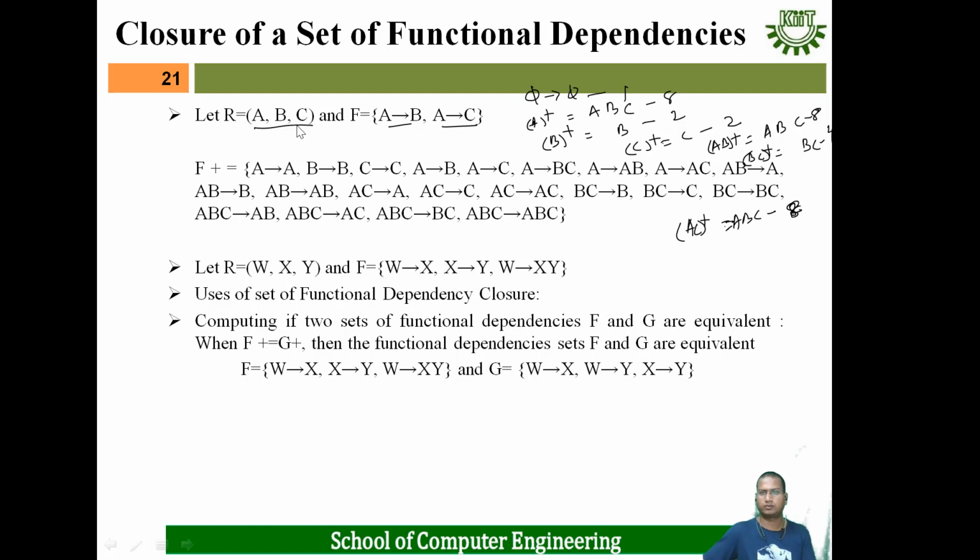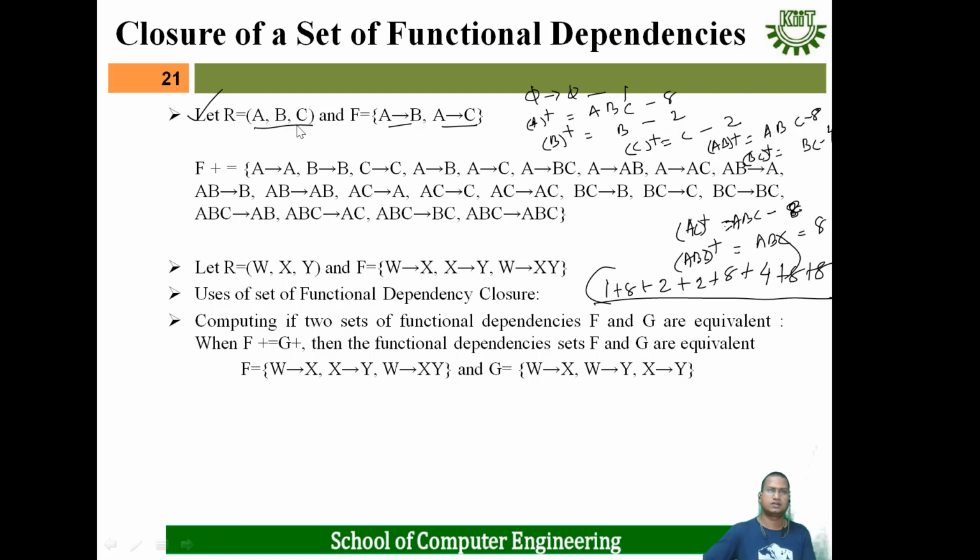Then ABC closure will be your ABC, that means 2 to the power 3 is equal to 8. Total number of functional dependencies possible here is 1 plus 8 plus 2 plus 2 plus 8 plus 4 plus 8 plus 8. This many functional dependencies are possible in this case.